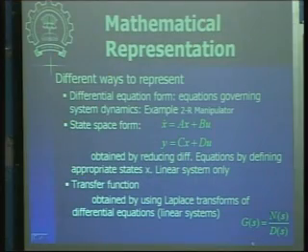The next form is the transfer function form. The transfer function typically has this kind of form in the Laplace domain: a numerator polynomial over a denominator polynomial. G(s) is the Laplace transform of the output divided by the Laplace transform of the input.